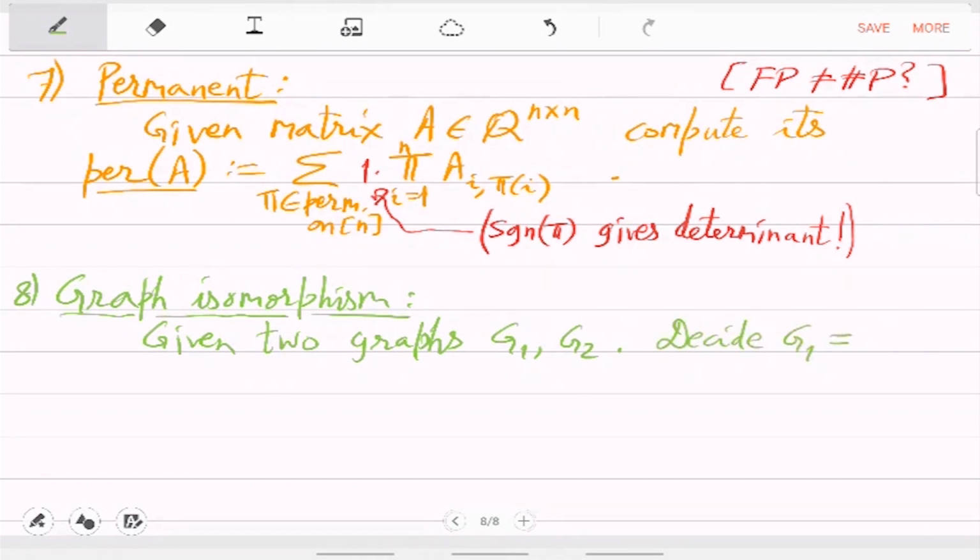Isomorphic means that you find a permutation on the vertices, a relabeling of the vertices, such that for that relabeling, G2 becomes equal to G1. Equal meaning the edge connections will look exactly the same.